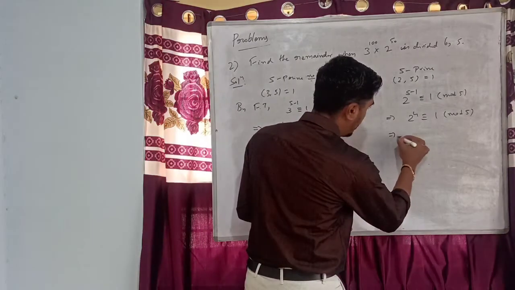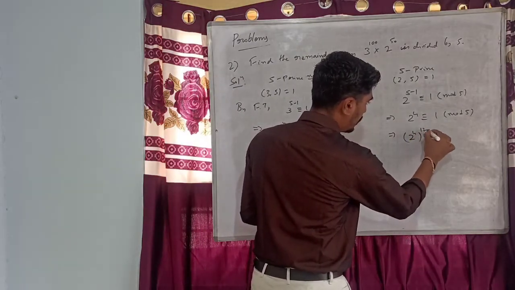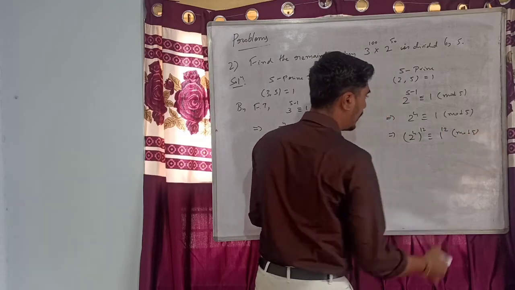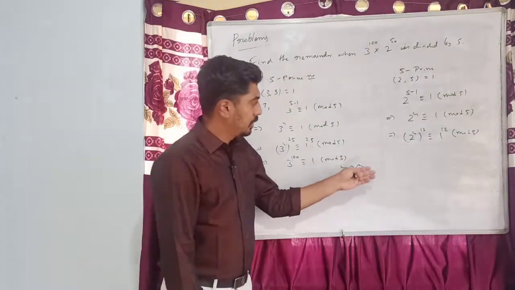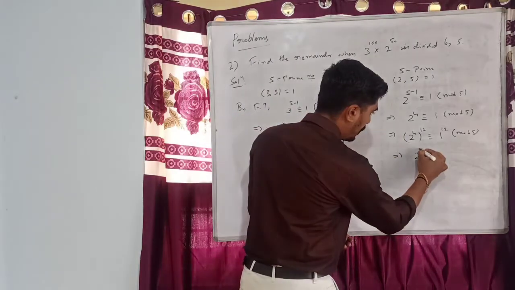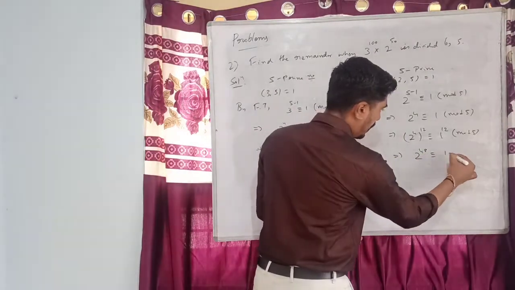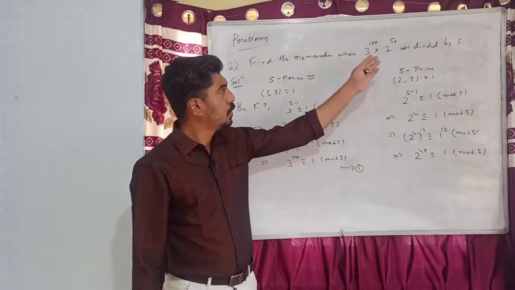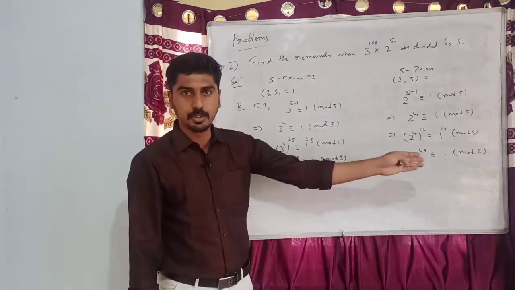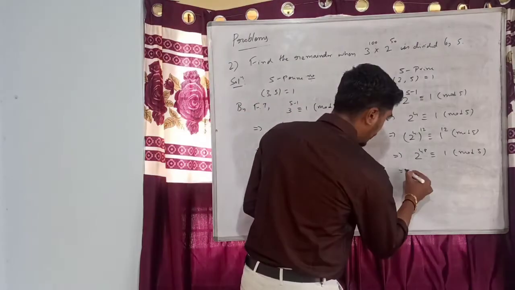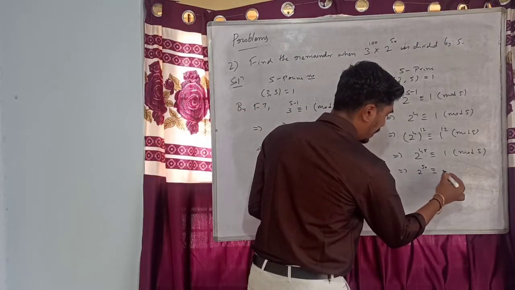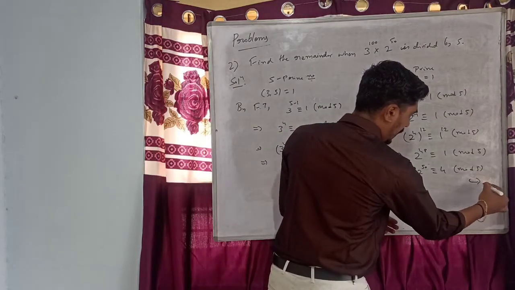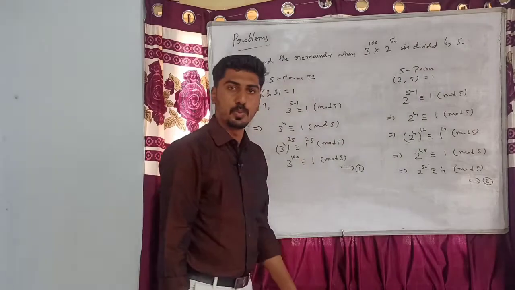I get 2 power 4 whole power 12 is congruent to 1 power 12 modulo 5, which is same as 2 power 48 congruent to 1 modulo 5. To get 2 power 50, I multiply 2 square on both the sides. So I get 2 power 50 congruent to 2 square, which is 4 modulo 5. Let me take this as 2.